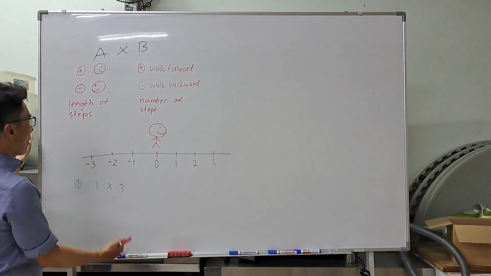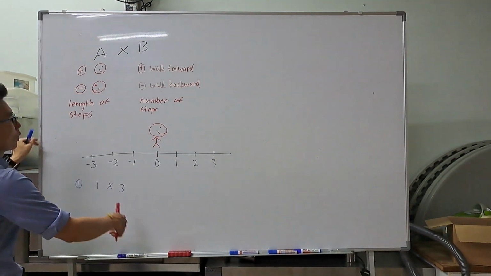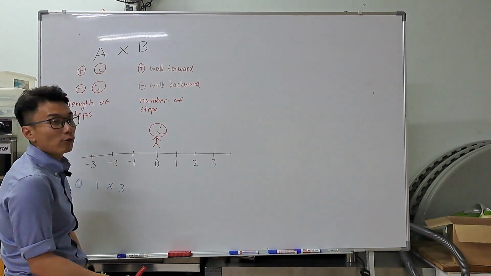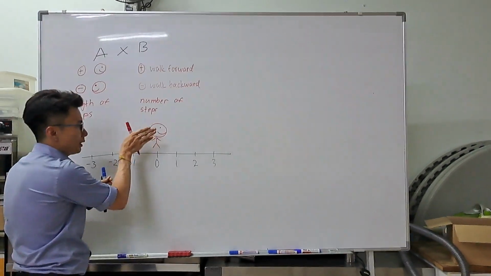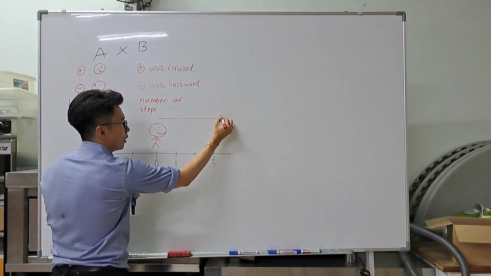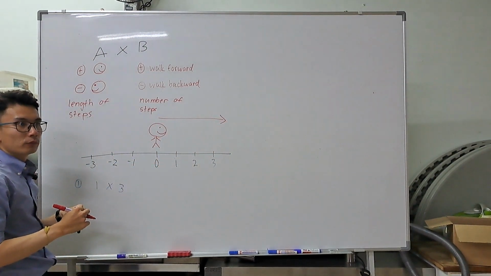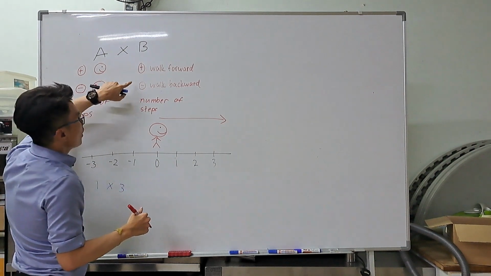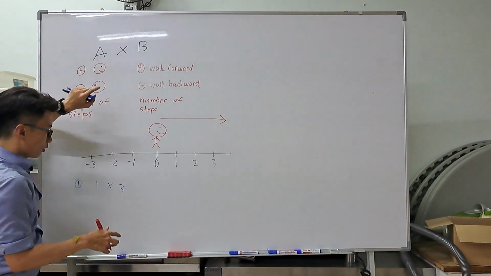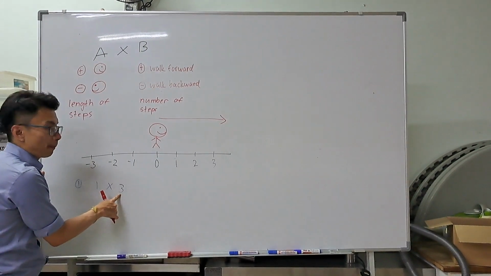Now I'm multiplying with 3. Since 3 is a positive number, I'm walking forward. Since I'm facing in this direction, my forward will be in this direction. This also represents the number of steps. So how many steps am I taking? 3 steps.